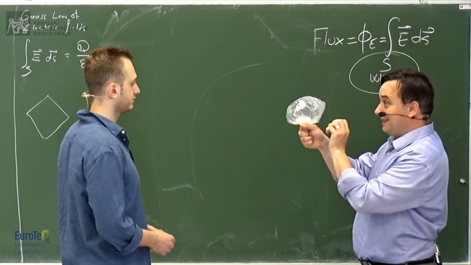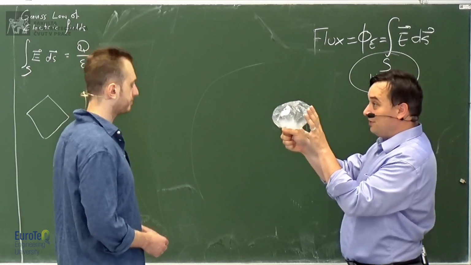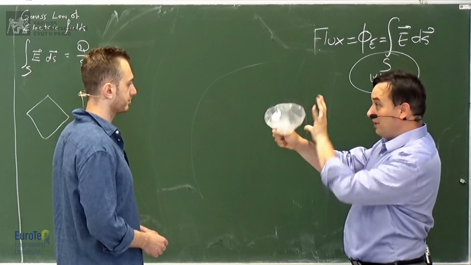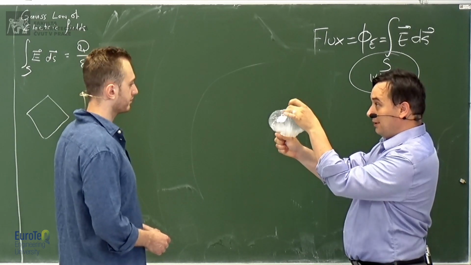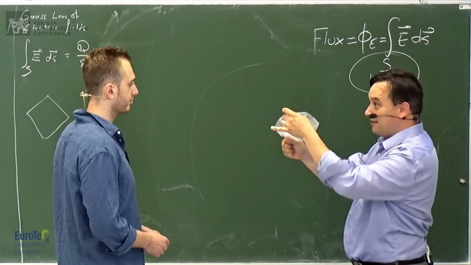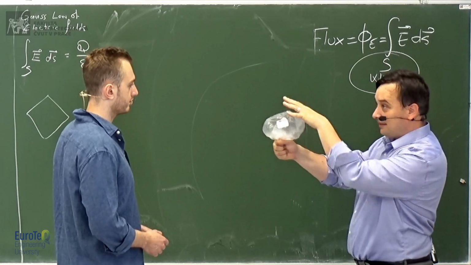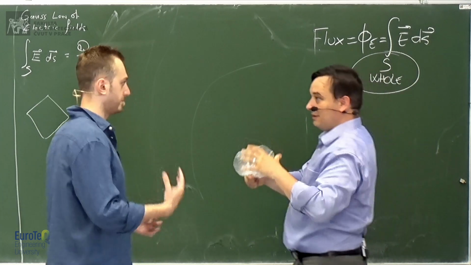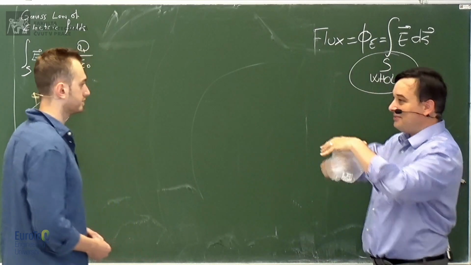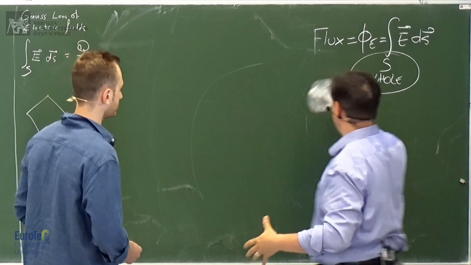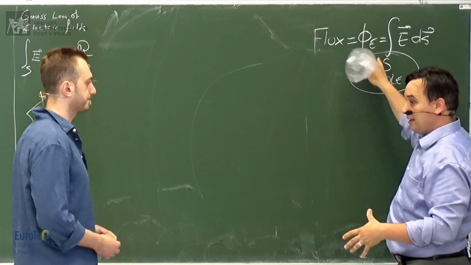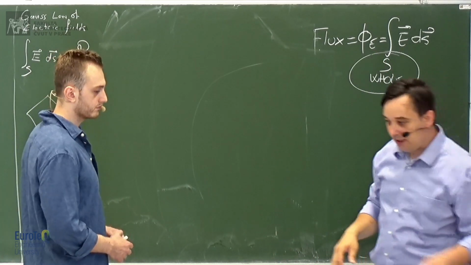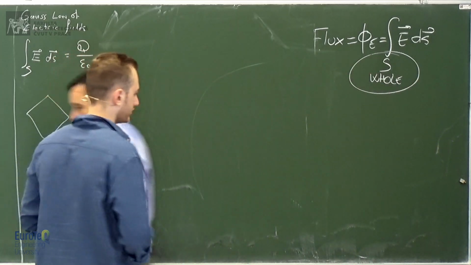Now, all the flux is computed because the surface completely surrounds the charge. Somewhere the flux is going out and you always intercept it. It cannot escape the surface, so it's always computed inside the flux. So this equation applies only if there is a closed surface.